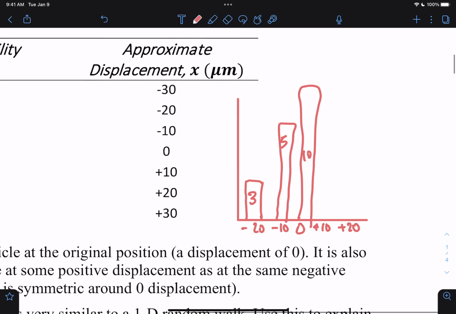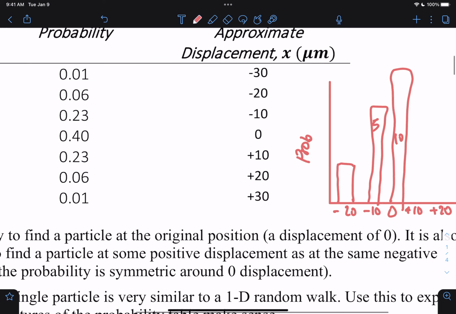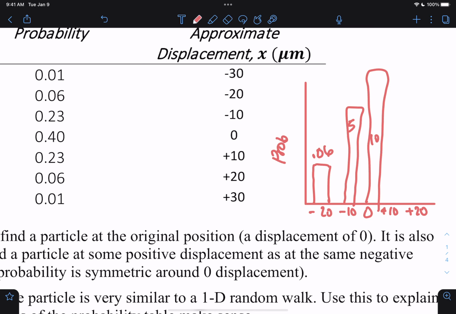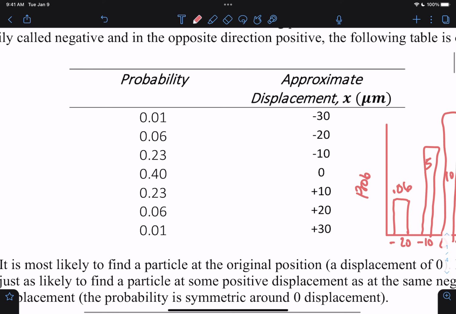Yeah, so instead of giving us the number of particles on the side, they could also give us probability. So if you have your probability, you could say, for example, that the probability of being at negative 20 is 0.06. Well, if I have 100 particles, when I say there's a 6% chance, 6% chance of what?